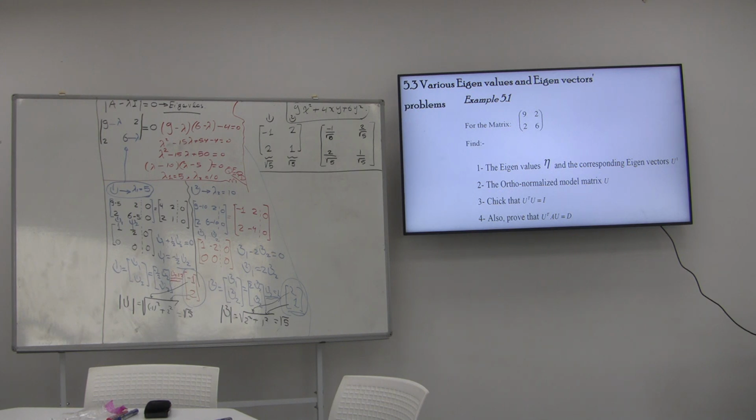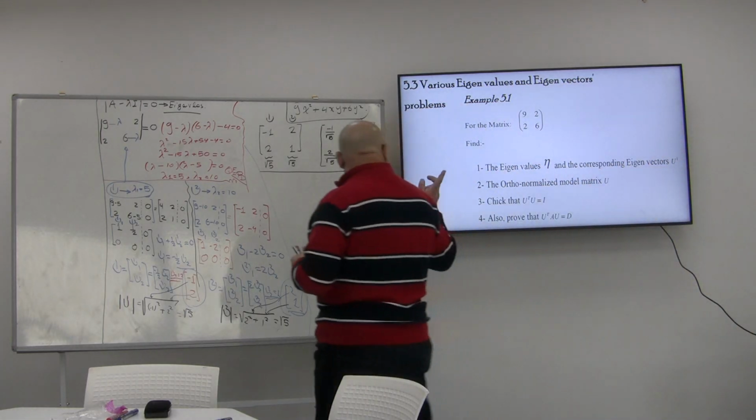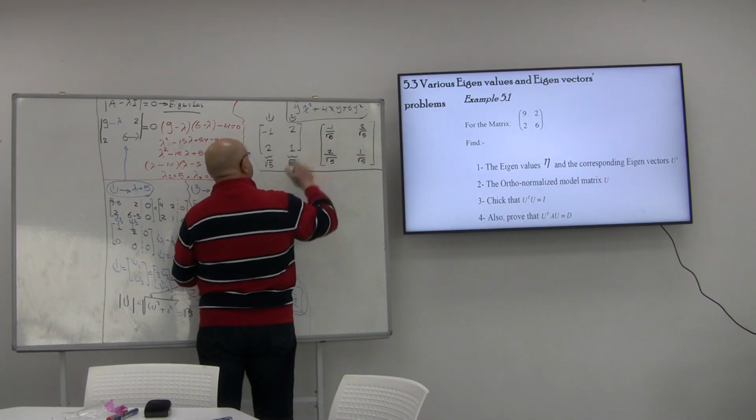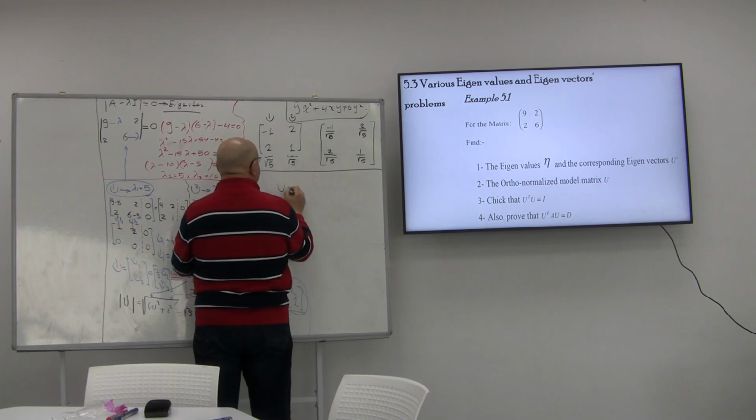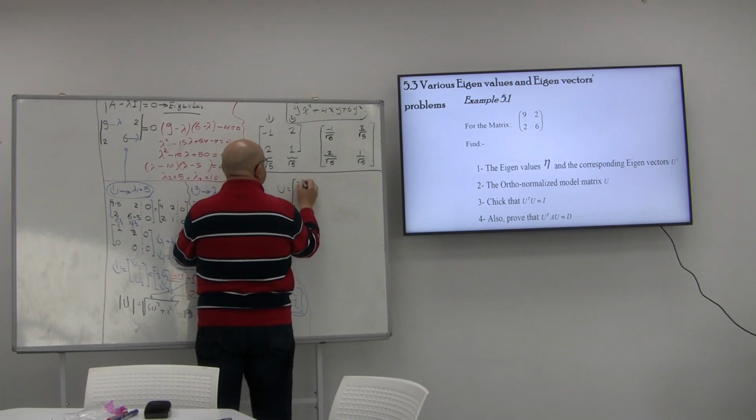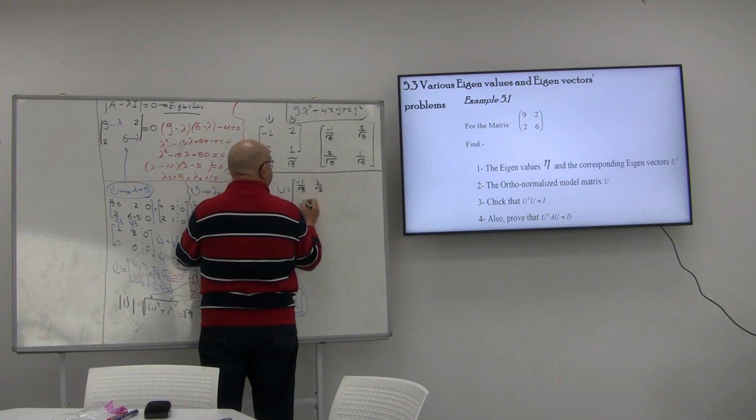See, it's magic. For this matrix, which is the model matrix, let's first of all get the transpose of this matrix. So U now is -1 over root 5, 2 over root 5, 2 over root 5, 1 over root 5.